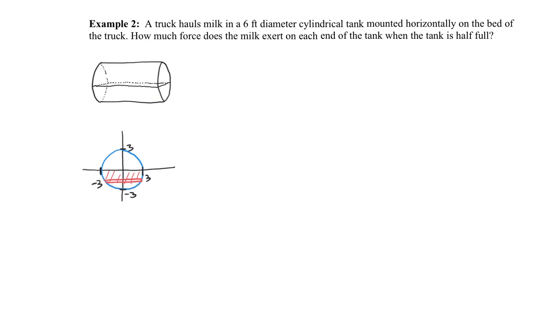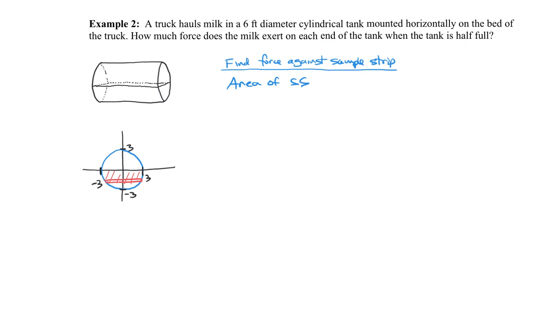All right, so I'm going to do the same thing that we did before. We will find the force against the sample strip. So to start off, we start off with finding the area of the strip.